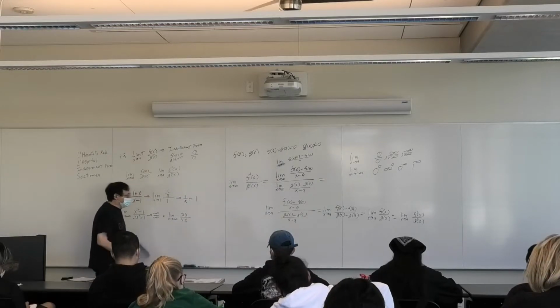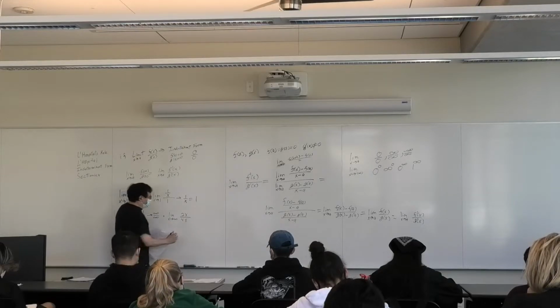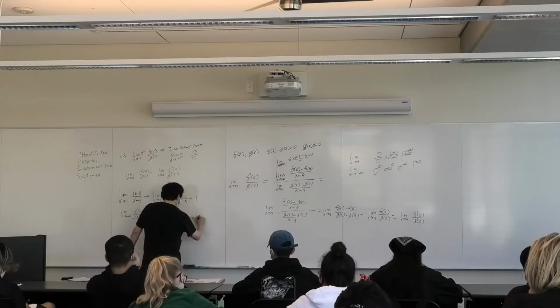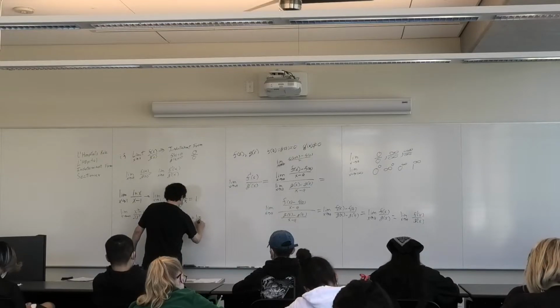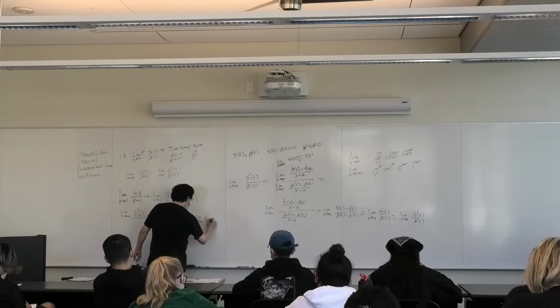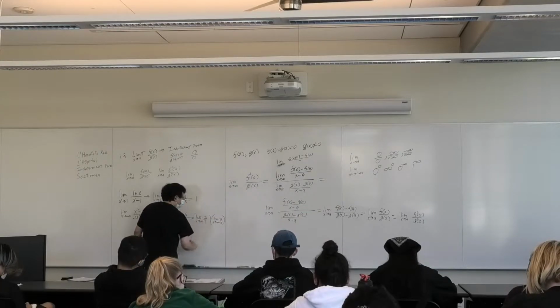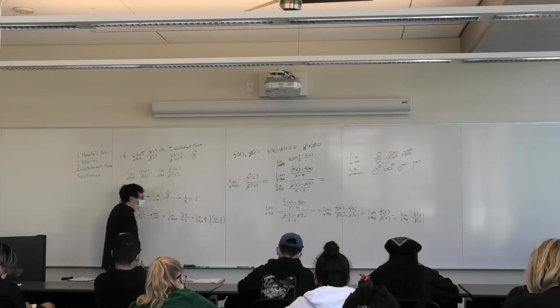Now, you actually could apply L'Hopital's rule again, but let's just realize this is the limit as x approaches infinity of 2 over 4 times the limit of x over x, which clearly goes to 1. So this is just a half.